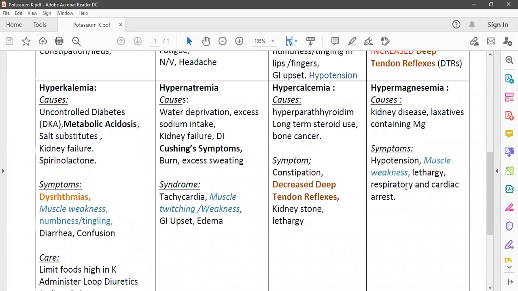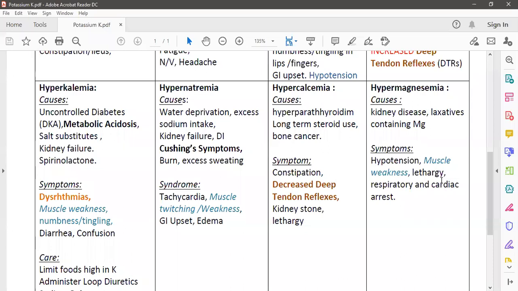Let me add something. Sometimes with hypermagnesemia, the patient develops neuromuscular depression or arrhythmias. Because of arrhythmia or cardiac muscle depression, they develop cardiac arrest.